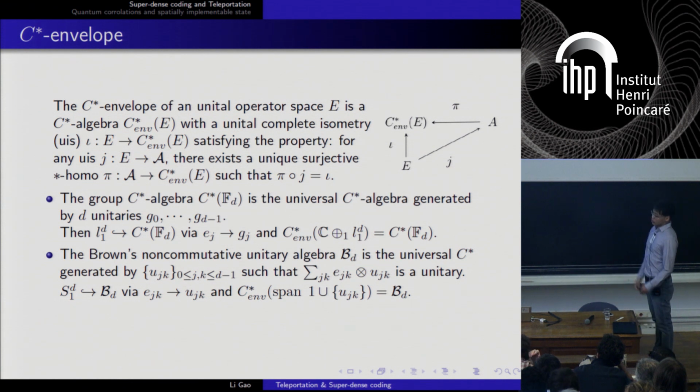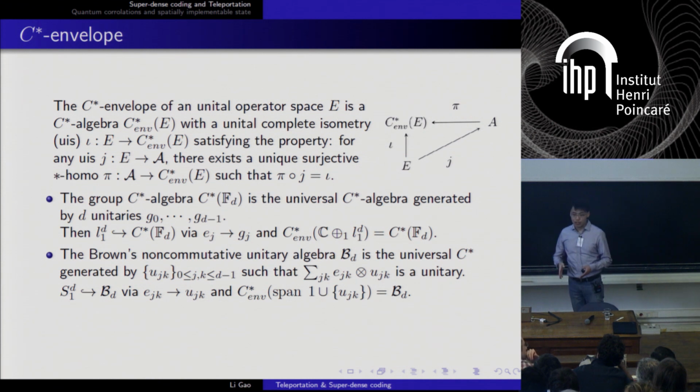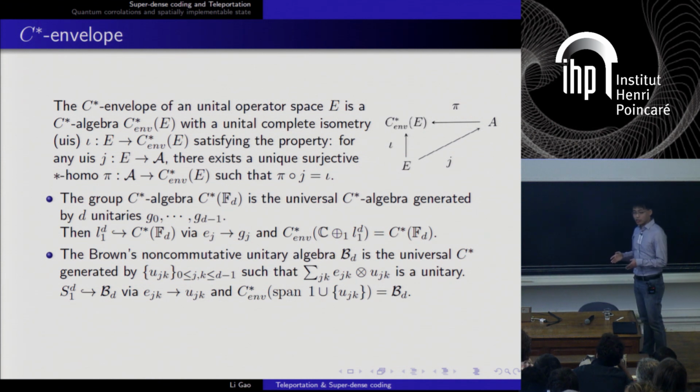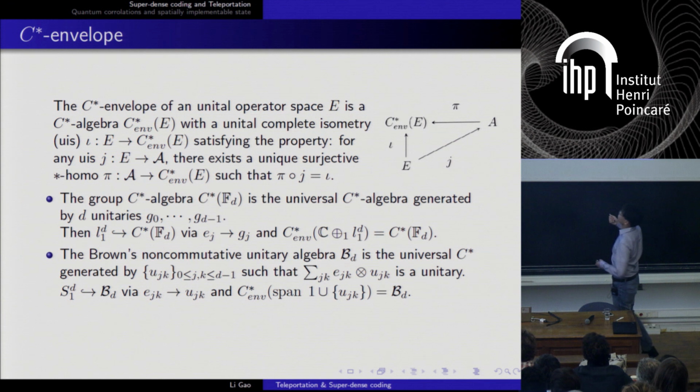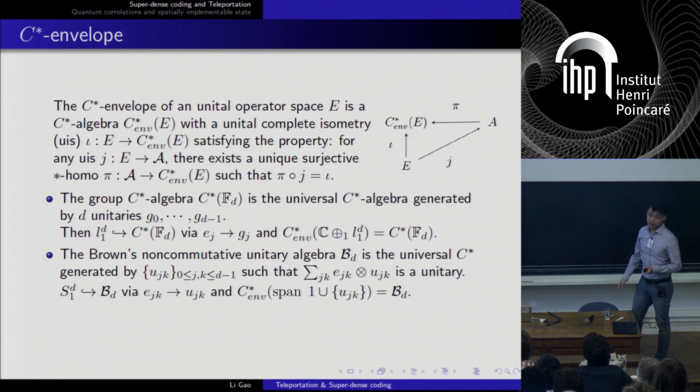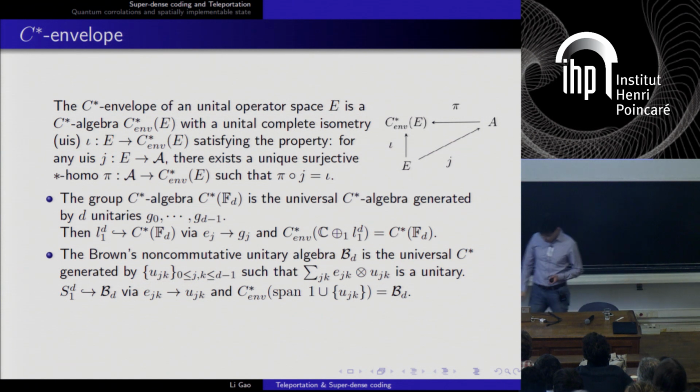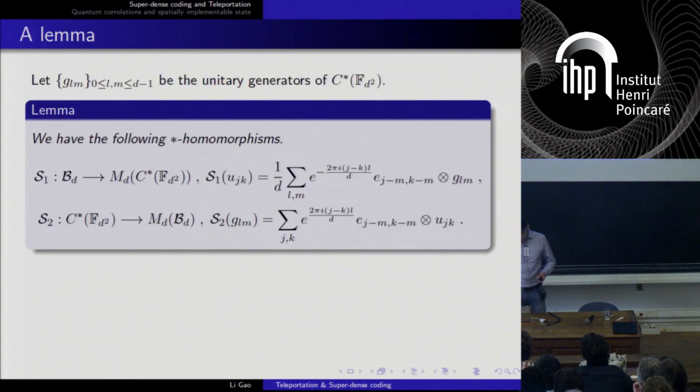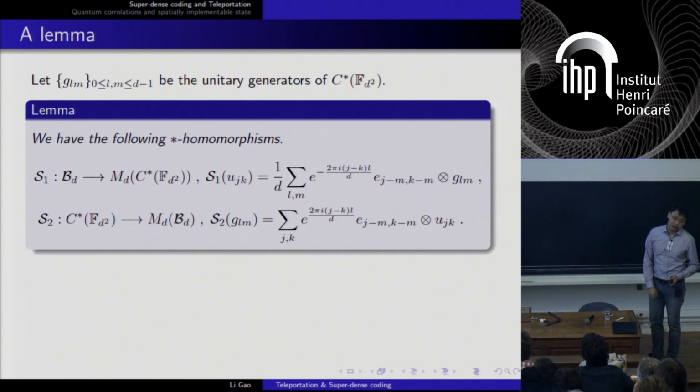Here, if we take the subspace spanned by the generators in Brown's algebra, add a unit to it, and take the C-star envelope of that, it gives exactly back Brown's algebra. But here, this unitization is different from the one before. So this lemma confirms our intuition that these two are the right candidates.